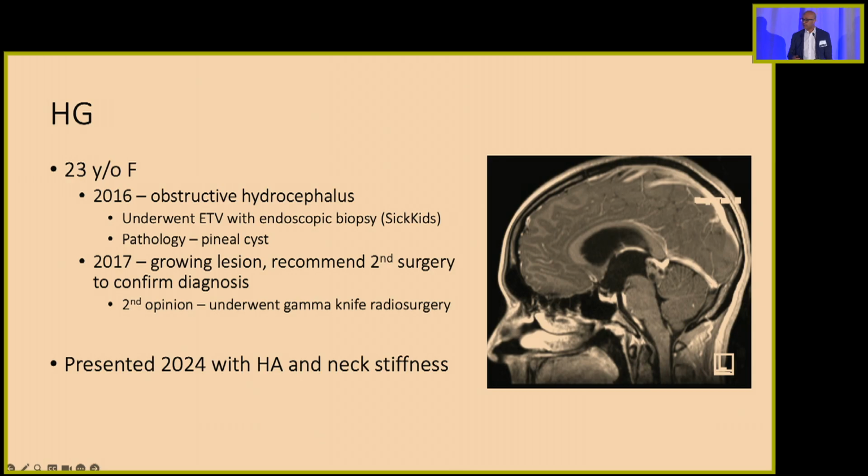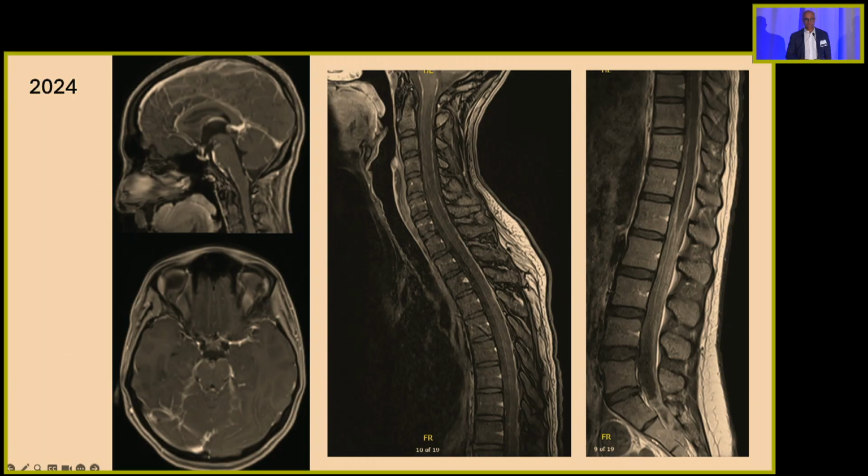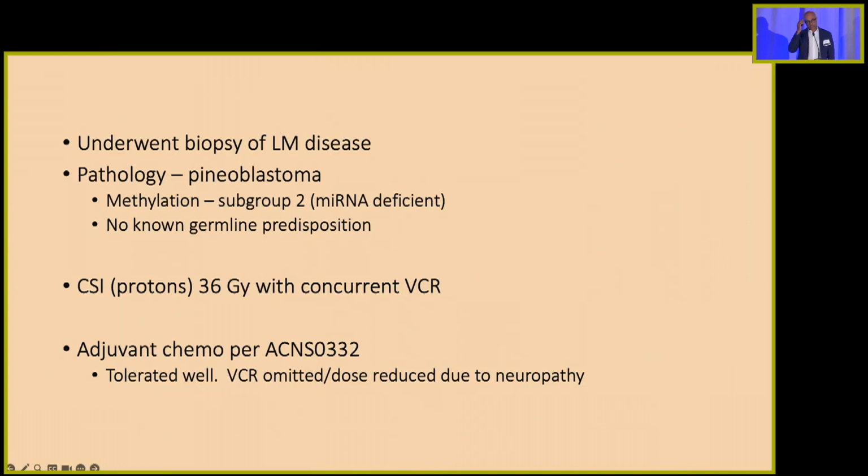She was well for many years until she presented in 2024 with headache and neck stiffness. Her imaging essentially showed profound leptomeningeal disease. She underwent biopsy, which showed pineoblastoma. It was placed into subgroup 2 by methylation sequencing.